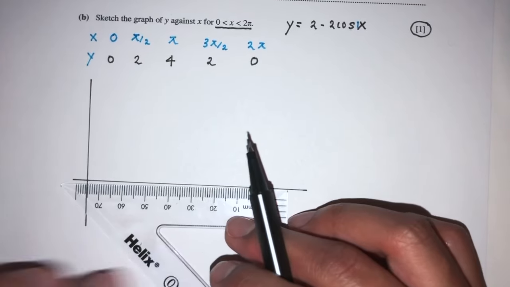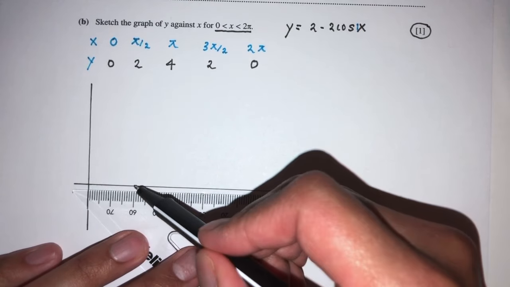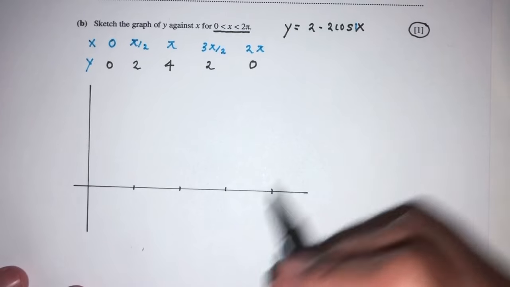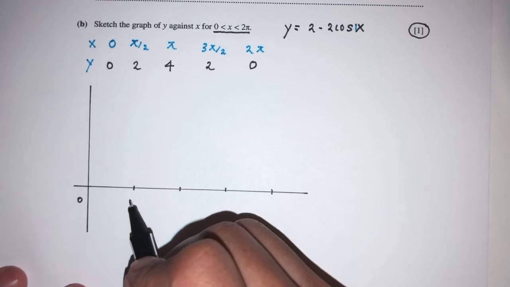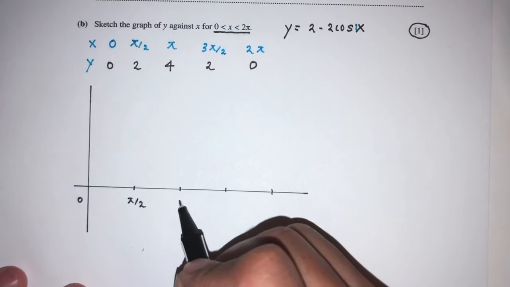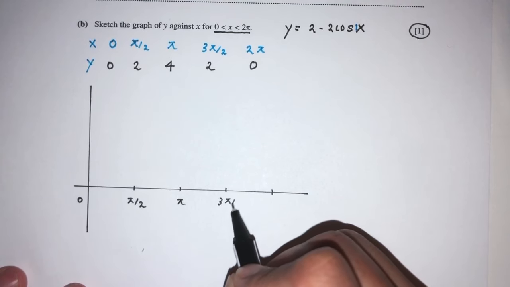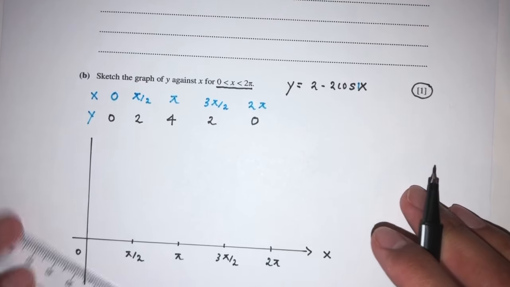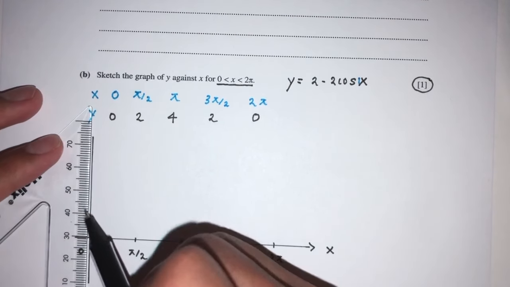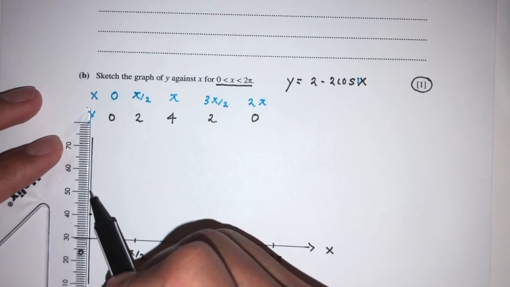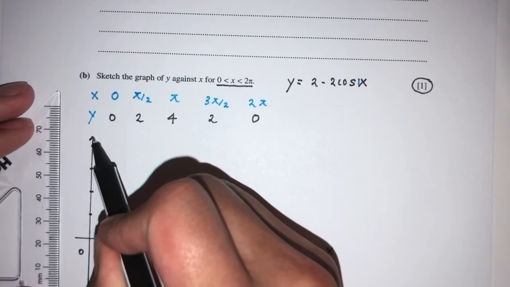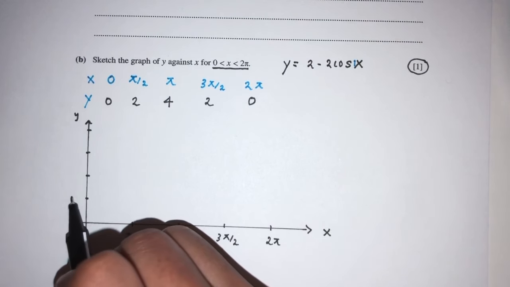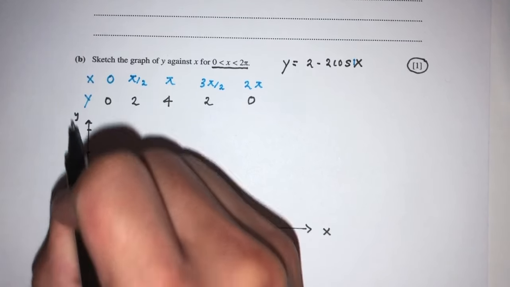Let me label this as well: 0, pi by 2, pi, 3 pi by 2, and 2 pi. That will be x. And y will be between the values of 1, 2, 3, and 4. That will be y.